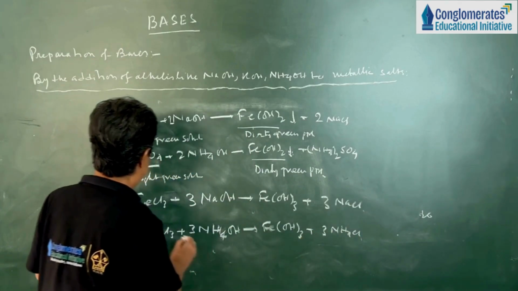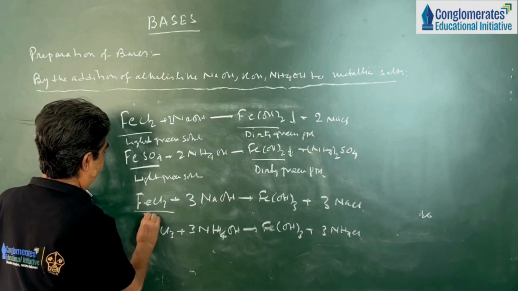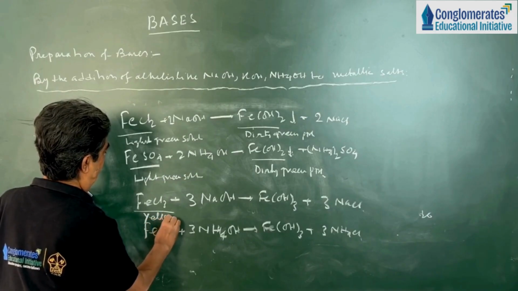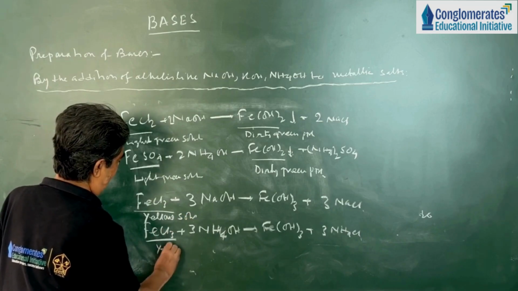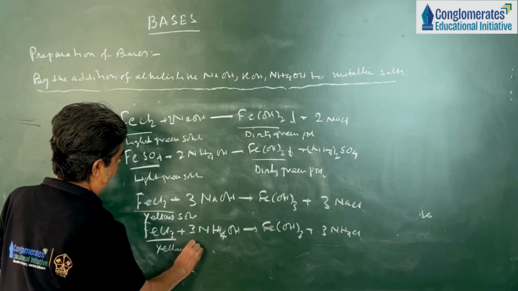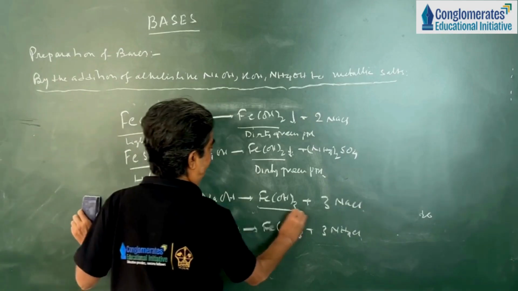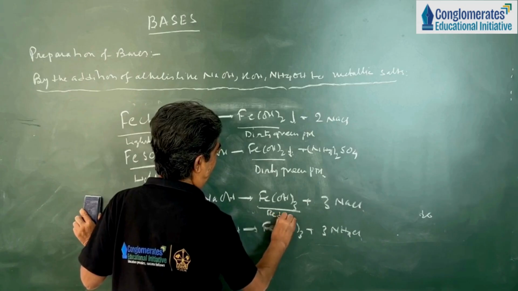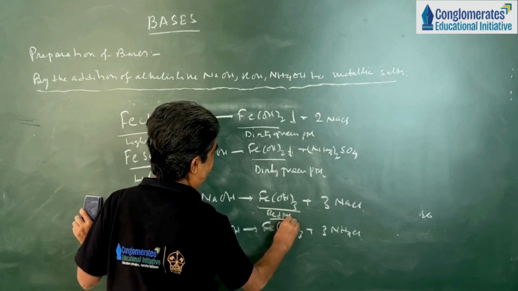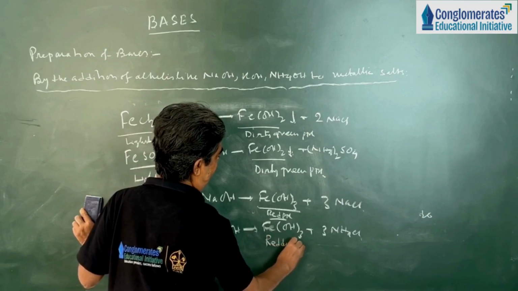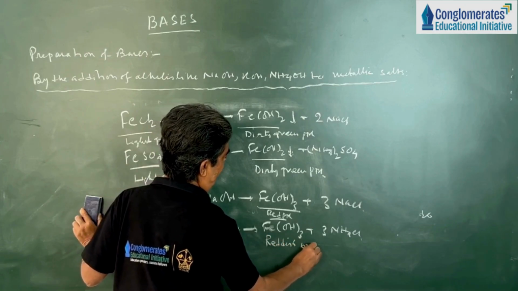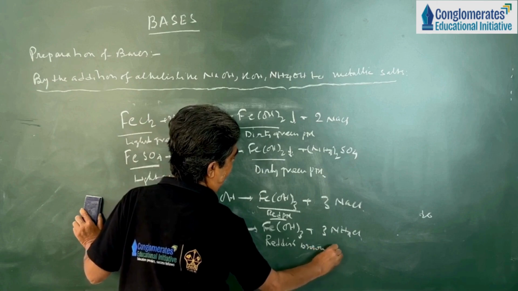Now here, interesting, this is a yellow solution, this is also a yellow solution, and this is a red PPT, or you can say reddish brown PPT, depending on concentration.